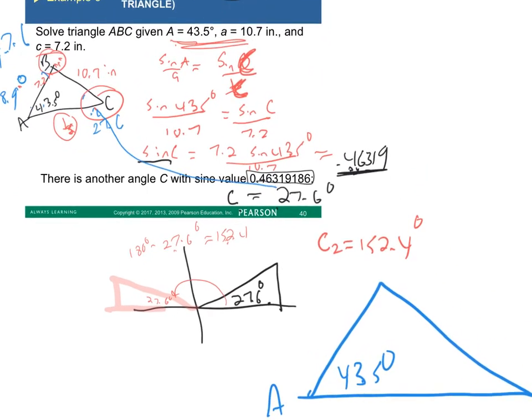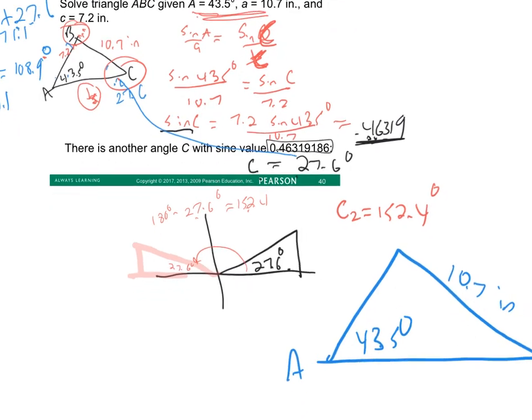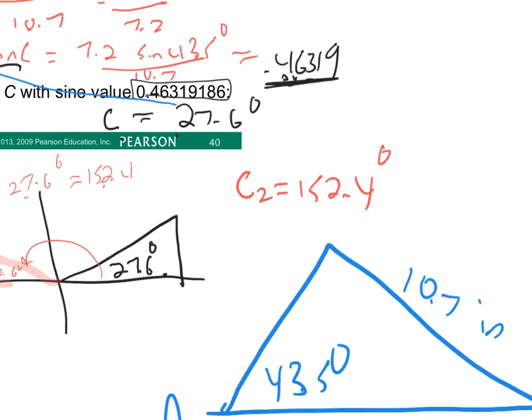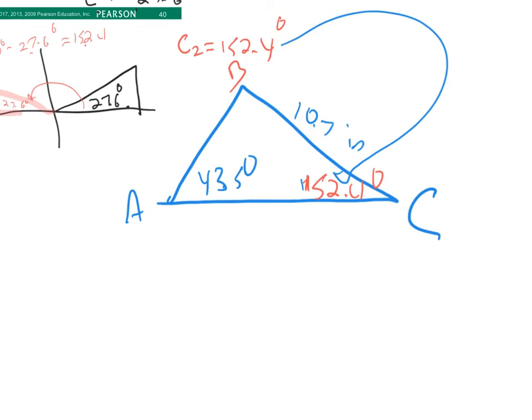I was given that side A was 10.7 inches. And I found angle C as the supplement of the 27.6. That's 152.4 degrees. So now all I'm missing is what would angle B be in this case.